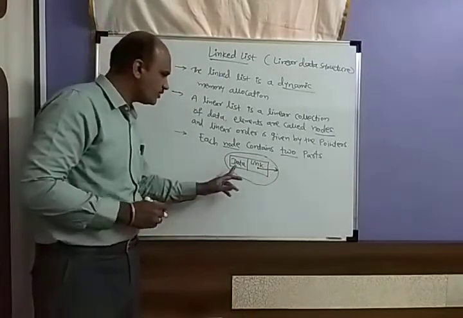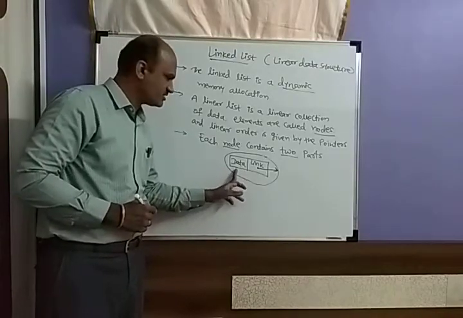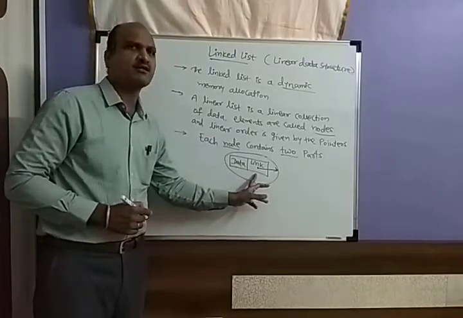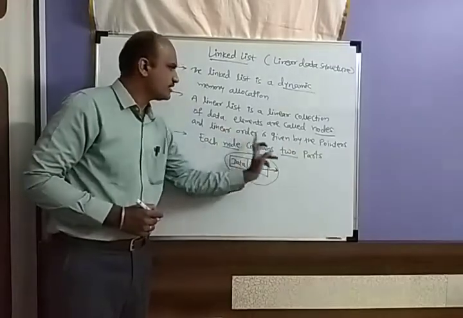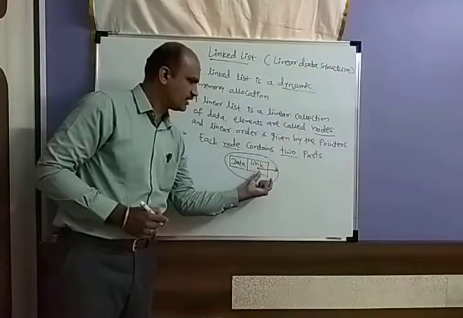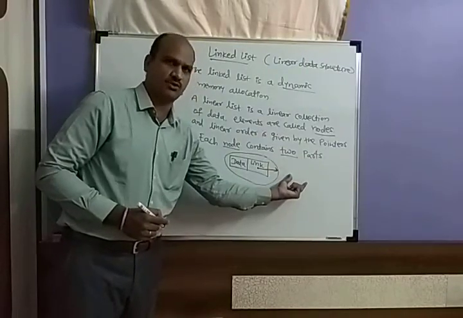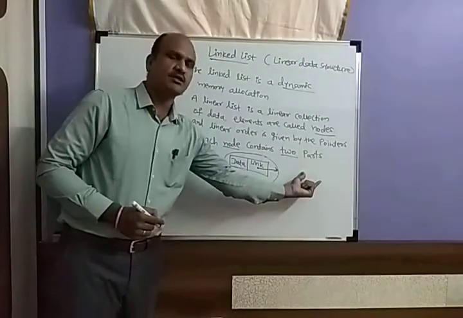Link is pointing to the next node. That's why the linear order is given by the pointers. It connects to the next node, and again a pointer to the next node.